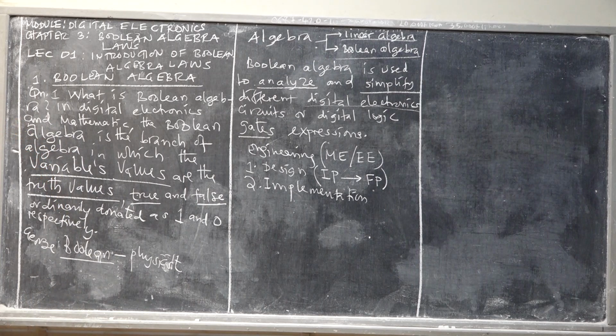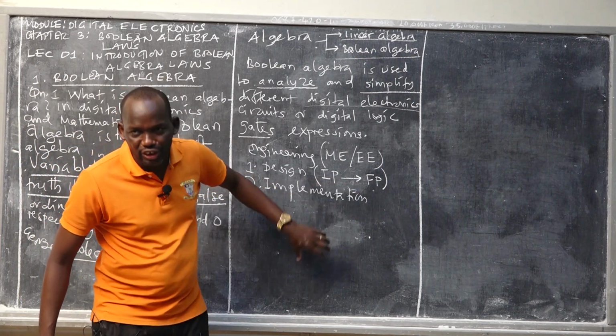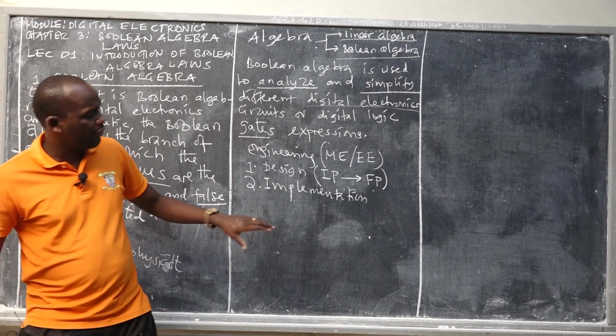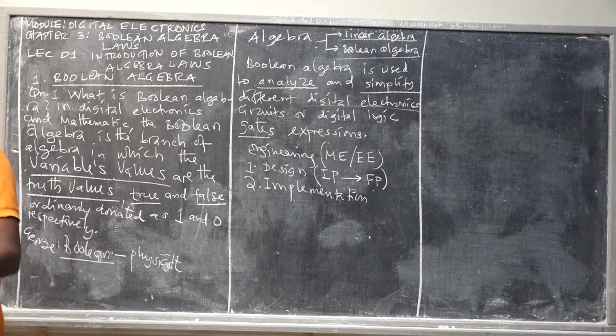And that's the primary function of any technician. The technician has to receive the complete design from the engineer in order to implement or to build. And the final product has to work as the prior design of the engineer.